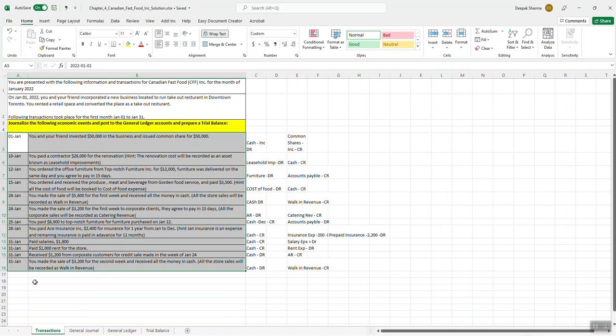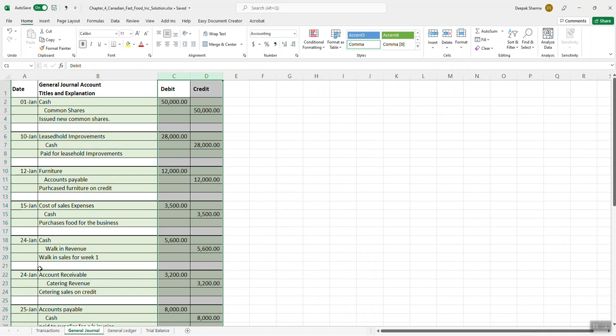In that case, when you come into a journal entry, there is no entry for that. But if it happens in a quiz, test or exam, what I want you to do is at least put a date and put a comment saying no entry, or you can say no economic event. It gives me a hint that yes, you did recognize that transaction, and found that there is an event that happened, but no economic transaction took place, so it doesn't need to be recorded for accounting purposes.